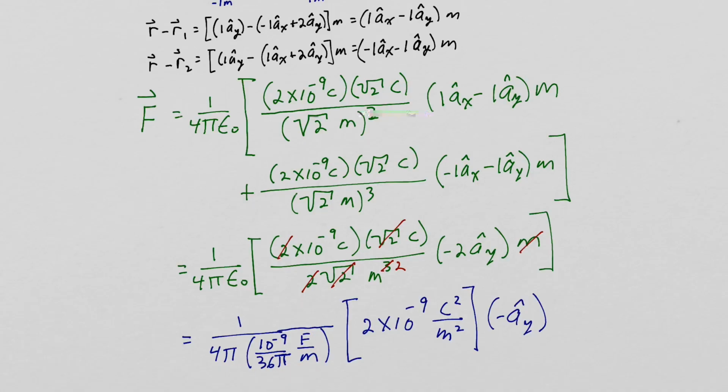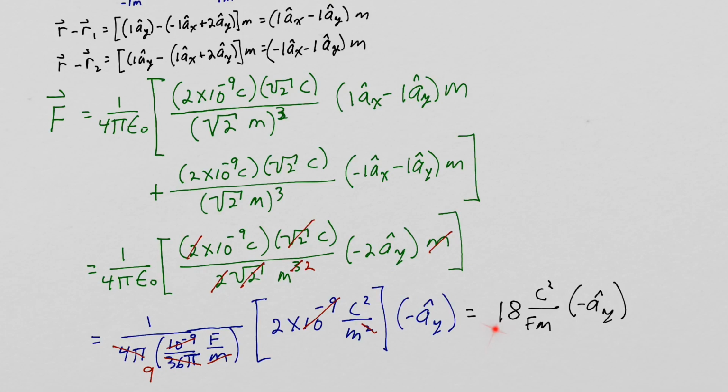So these 10 to the minus 9s cancel. This meter will cancel with one of these meters. This 4 pi into this 36 pi gives us a 9. So we have 18 coulombs squared over farad meters in the minus a sub y direction.